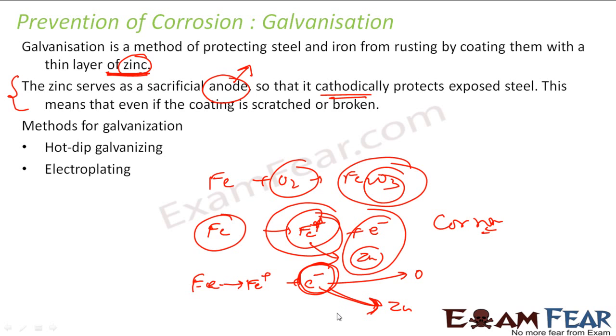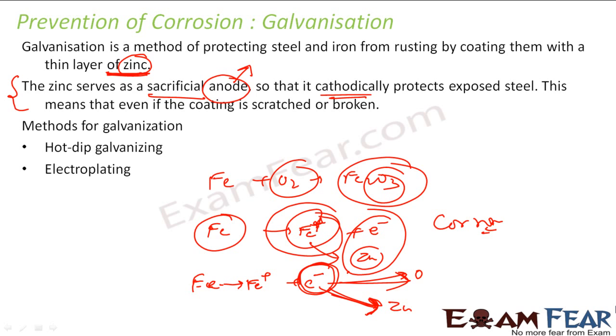If zinc takes it, then Fe2O3 is not formed, and that's how it prevents rusting. Hope you understand this. The sacrificial anode, you can say, where zinc will take the extra electron and will not allow oxygen to take it. Correct?